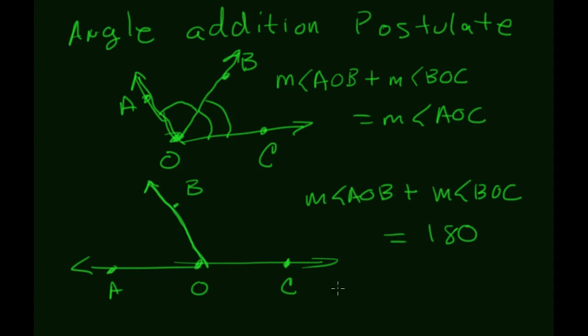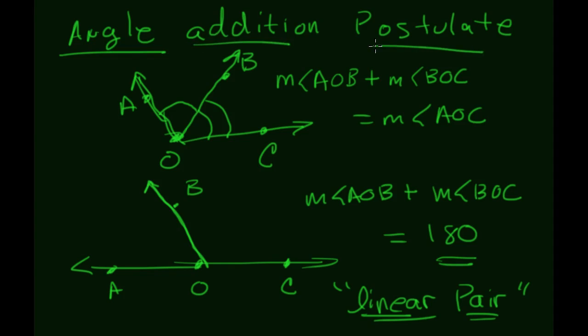So when you have this linear pair, they in fact add up to 180 degrees. Sometimes this special case is what we refer to as the linear pair postulate, but we're going to take it as a special case of the angle addition postulate because that's what your book does.